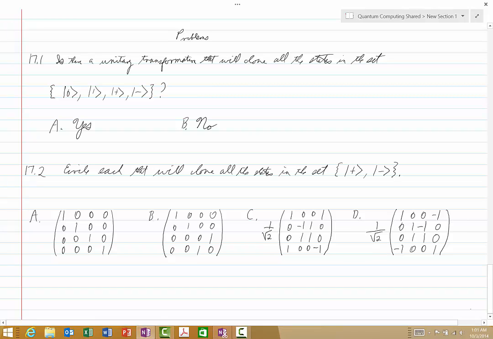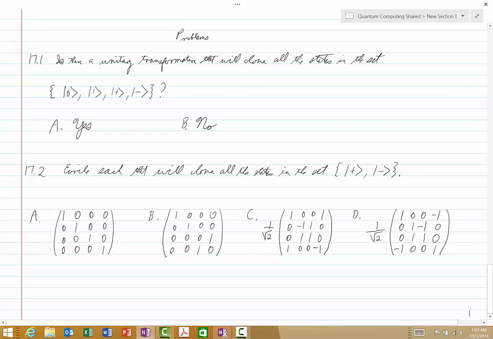So you may find it a little difficult to try to derive the matrix, but for each one of these matrices down here, first you would probably want to check that each one is unitary, and you would find out that it is. In each case, and remember, in these two cases where we have 1 over square root of 2 out front, that multiplies all of the terms in the matrix.